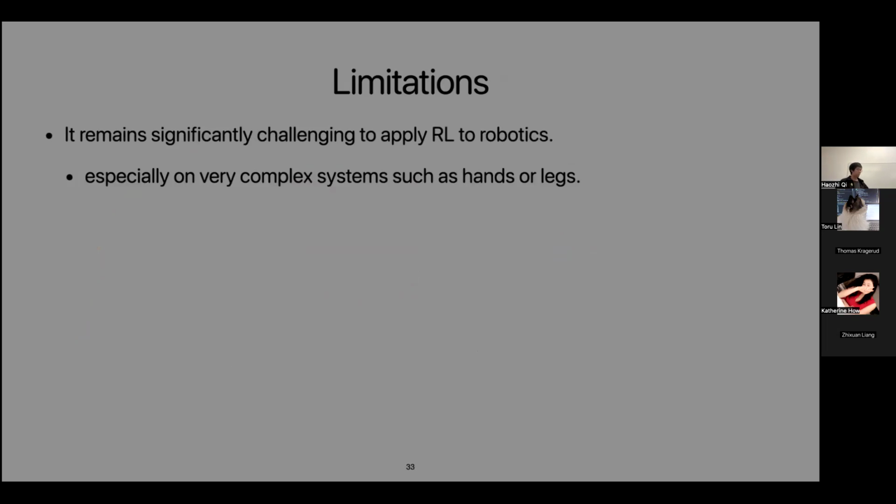So at that time, people tended to think it remains significantly challenging to apply RL to robotics, and people don't know how to deal with not only the challenges from robotics, but also the challenges from reinforcement learning themselves. Especially on complex systems such as hands or legs, there are really a limited number of success examples.